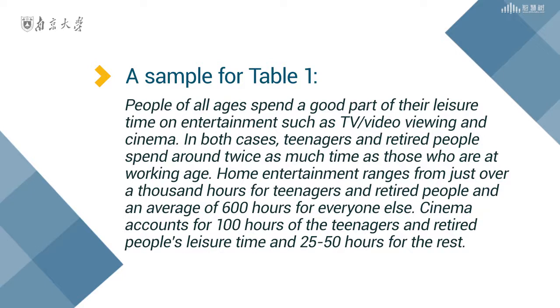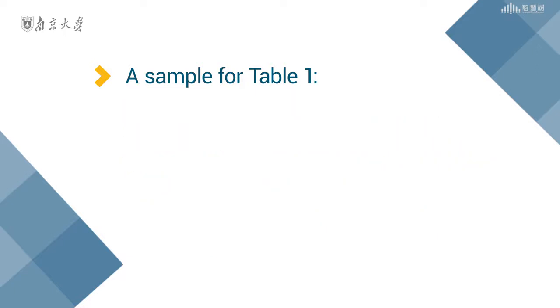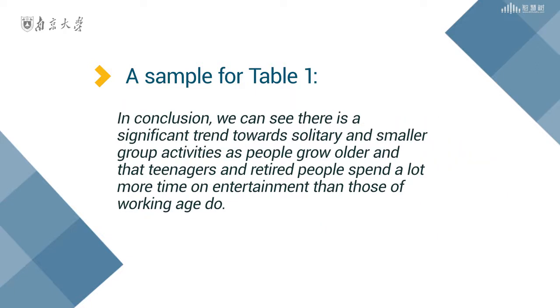Cinema accounts for 100 hours of the teenagers and retired people's leisure time and 25 to 50 hours for the rest. In conclusion, we can see there is a significant trend towards solitary and smaller group activities as people grow older, and that teenagers and retired people spend a lot more time on entertainment than those of working age do.